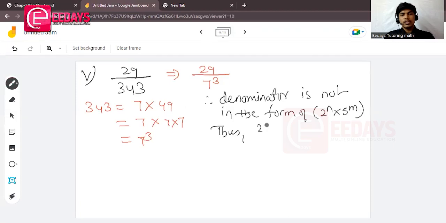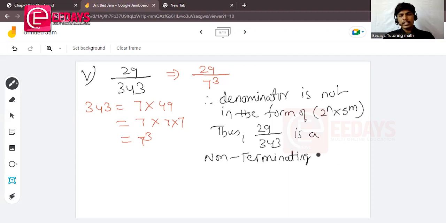Thus 29 by 343 is a non-terminating decimal expansion.